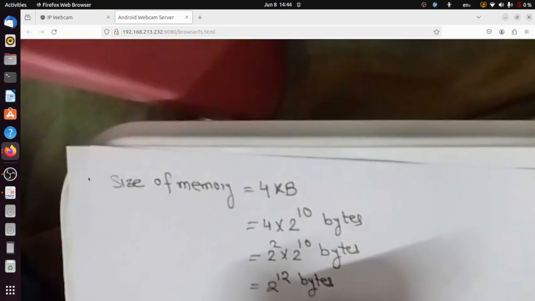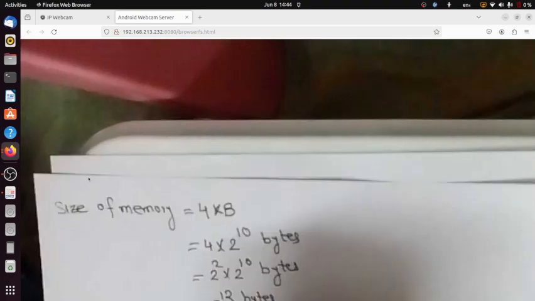So the number of bytes in this memory will be 2 to the power 12, and as each memory location is byte addressable, the number of memory locations in this memory will be 2 to the power 12.